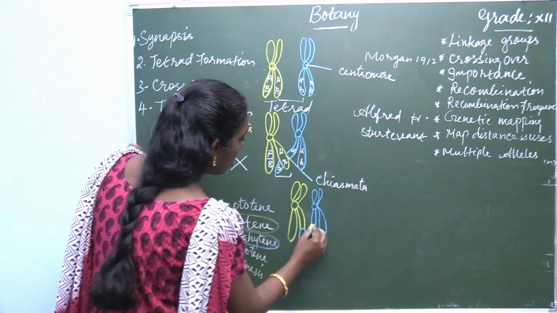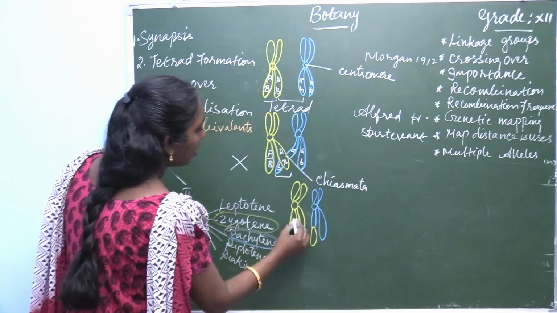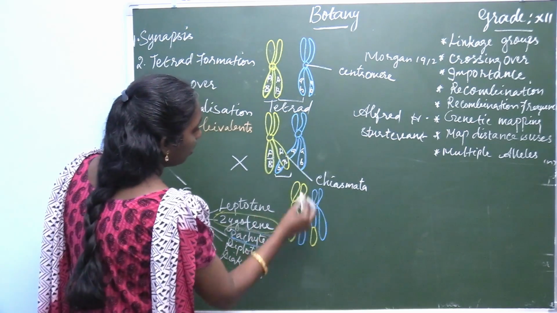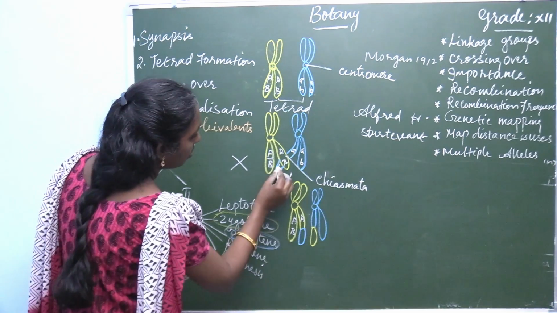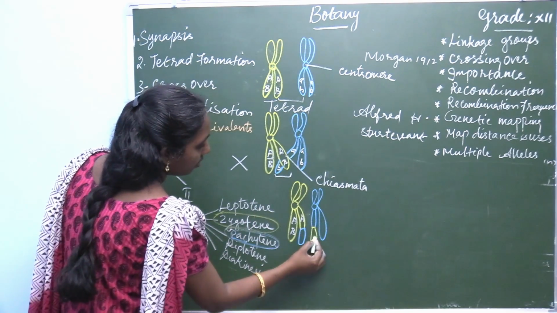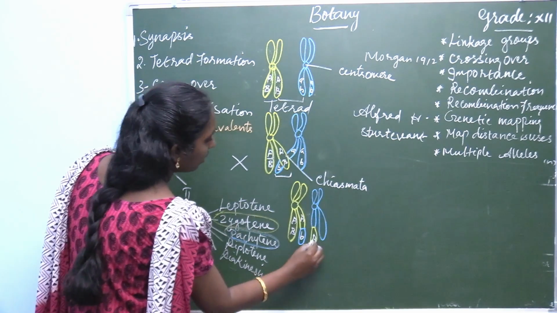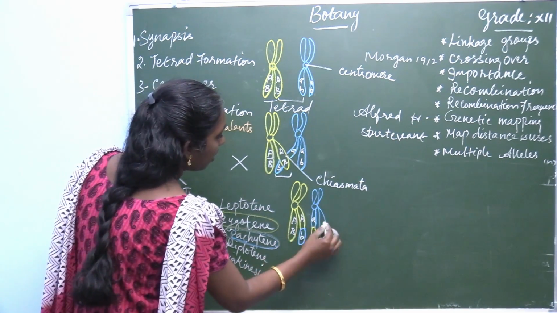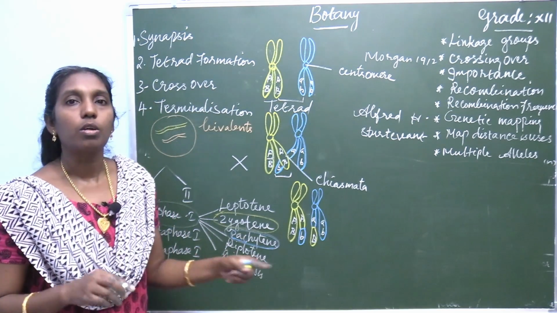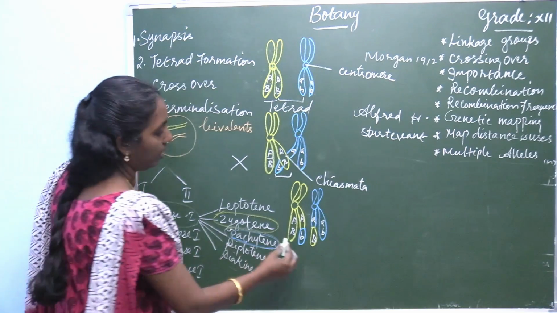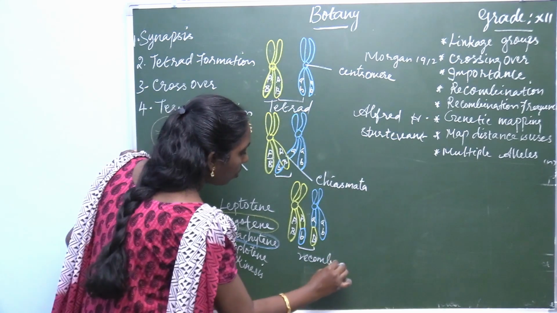So how does it exchange its character? Here A B, here A but this segment small b, and here capital B, small a, small a small b. So now these two genes are called recombinant genes.